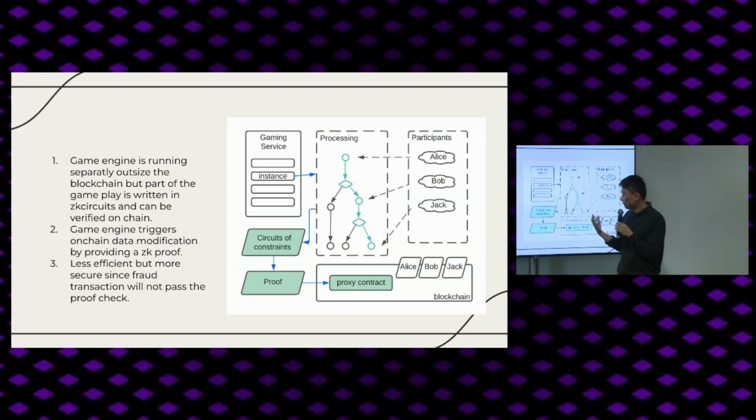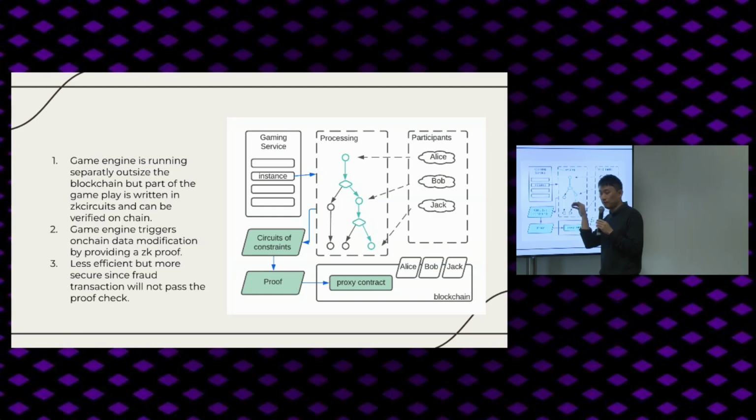That's not easy to prove. You have to do lots of auditing and check the circuits and constraints, and every time you upgrade the game, you still have to upgrade the circuits. That is a fairly popular architecture.